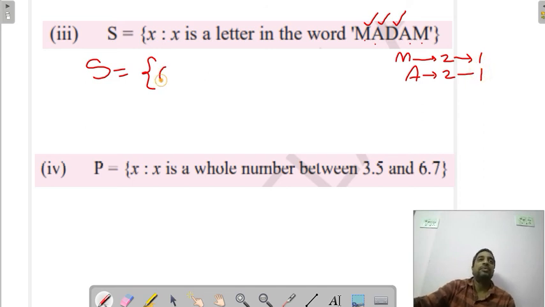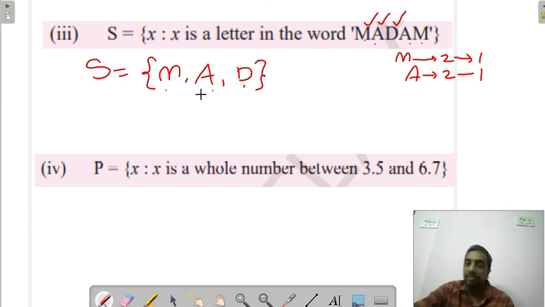That's why M is taken 1 time, A is taken 1 time and D is taken 1 time. That's it. So M, A, D are the elements taken from the word madam. So roster form we have written. Now coming to the next question.